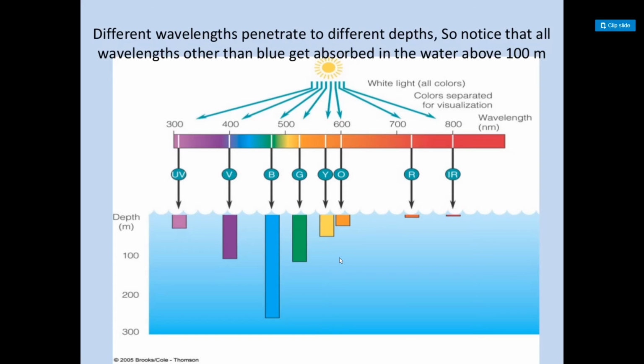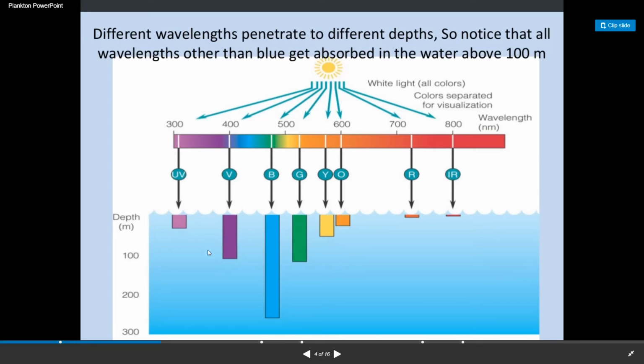So different wavelengths penetrate to different depths. We will get into this either later this semester or next semester. You notice that all wavelengths other than blue get absorbed into the water above 100 meters. So you have violet, purple, blue, green, yellow, orange, and red.